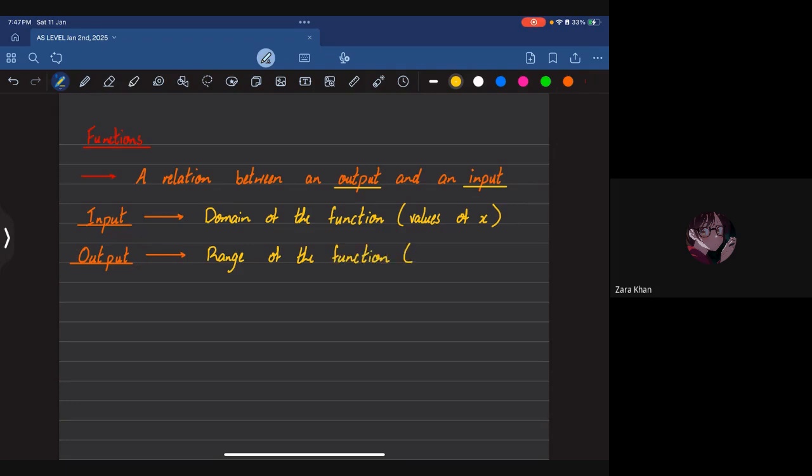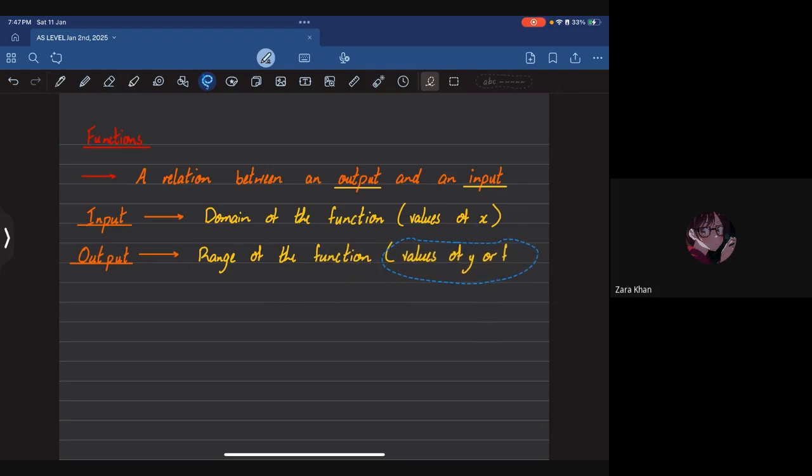And this is all what we've previously studied as well. And usually these account to values of y or f of x. Clear? So your range of the function is known as your output, and your domain of the function is actually your input to the function.